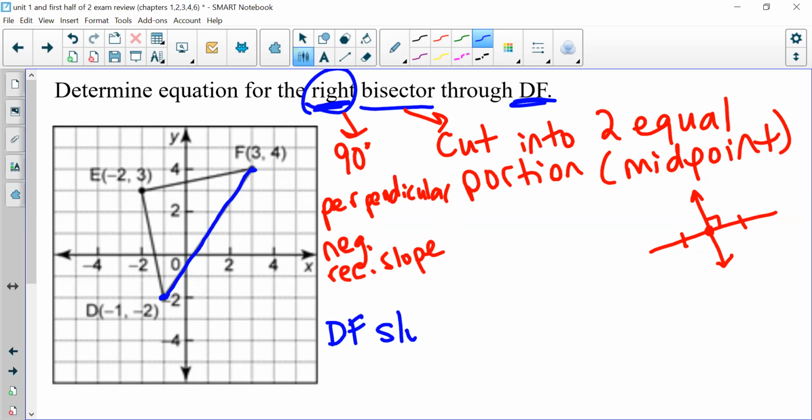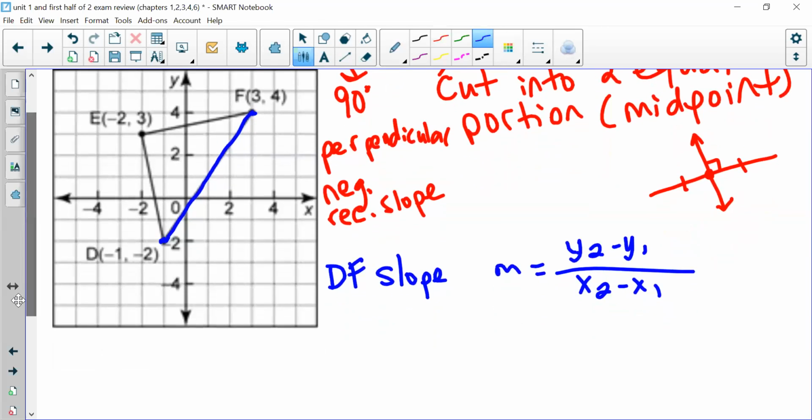Well, here's your slope formula. How am I going to find the slope of DF? You can just plug in both the points. Perfect. Ian, I'm going to label these D as 1 and F as 2.